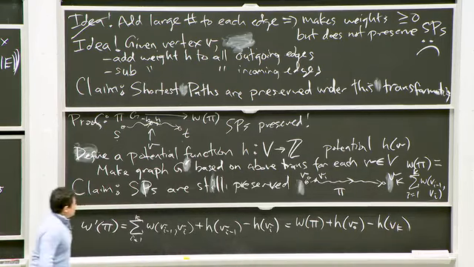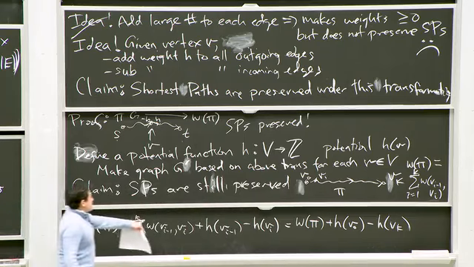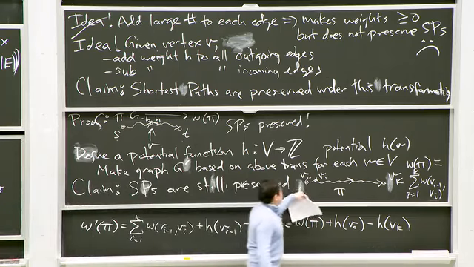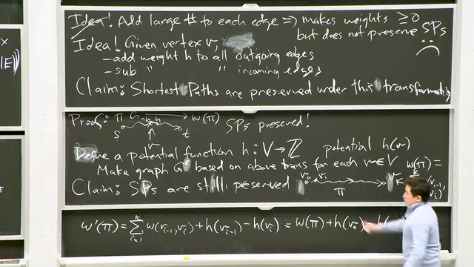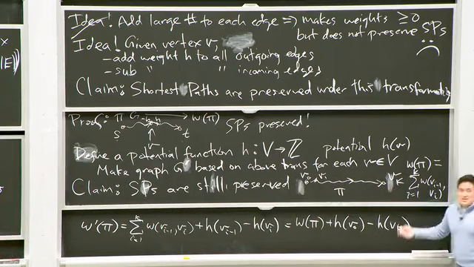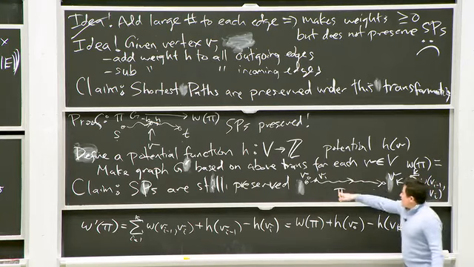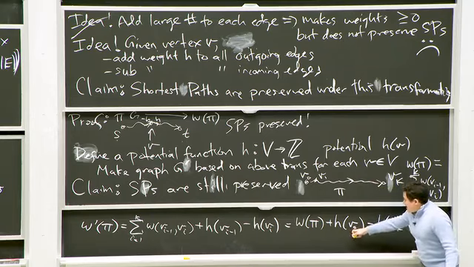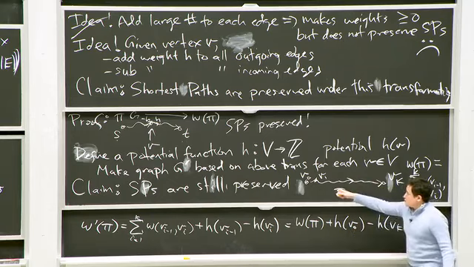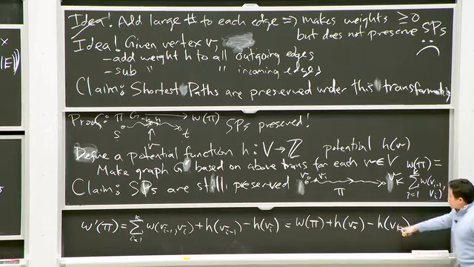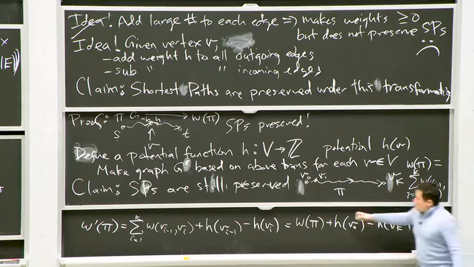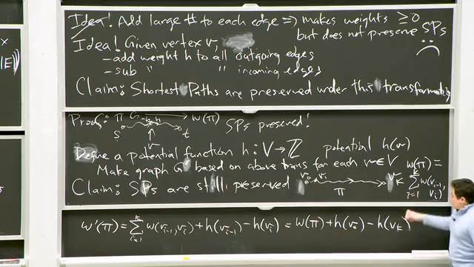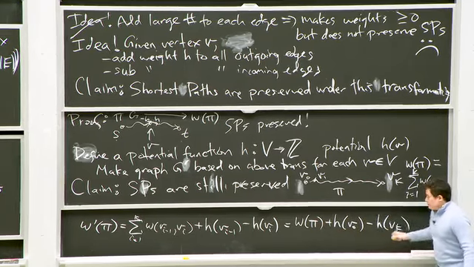And why is that good? Well, that's good because every path from v0 to vk starts at v0 and ends at vk. That's how we've defined paths going from v0 to vk. But every such path, we transform the weight of that path by adding a constant associated with the start and subtracting a value associated with the end. And so every path going from v0 to vk changes by the same amount, right?